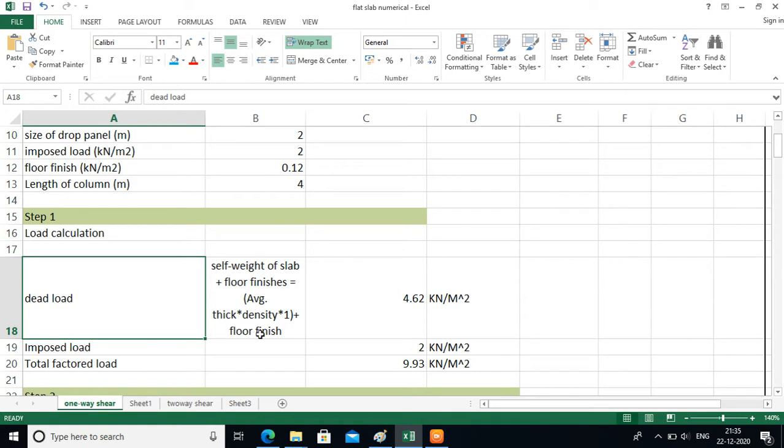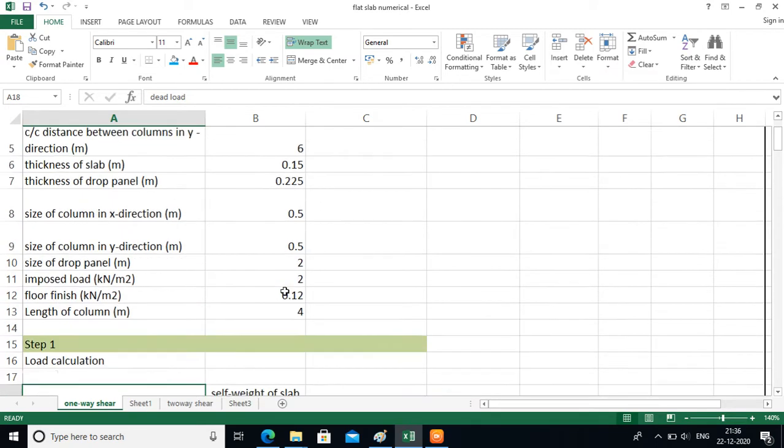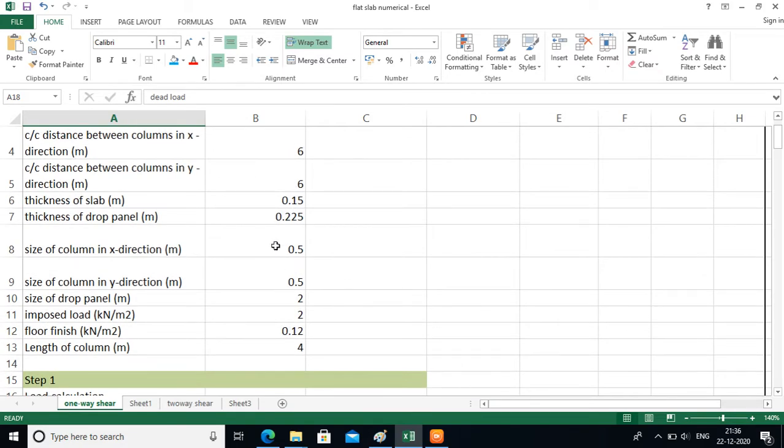The important point to consider over here is that for the thickness I have taken the average thickness. See here, we have two thicknesses: one is the thickness of slab and another is the thickness of drop panel.